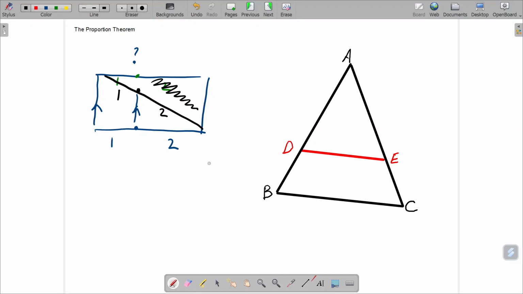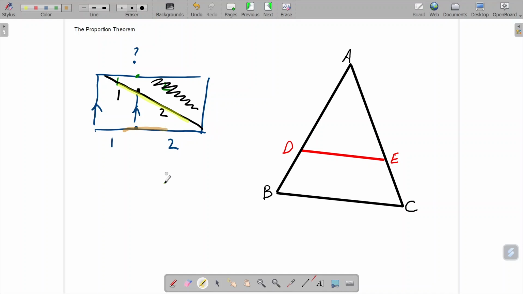I'm not saying that the piece of the line is 1 and the other piece of the line is 2. I'm saying that the proportion of this line over here is 1:2, whereas the proportion of this line over here is 1:2. So again, what I'd like to encourage you is to try to see some of these geometric theorems in a more intuitive sense and not just as an abstract concept.